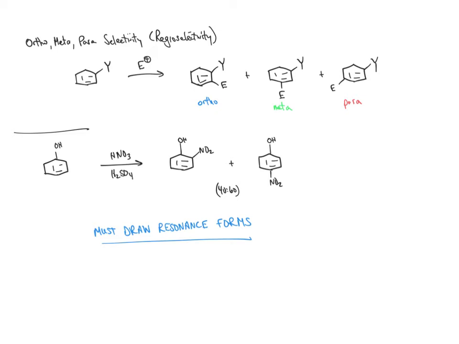Okay, let's try to substitute the nitro group at the ortho position. Okay, so ortho nitration. All right, so we're going to start with phenol here, and we're going to react it with our nitronium ion, nitric acid and sulfuric acid.